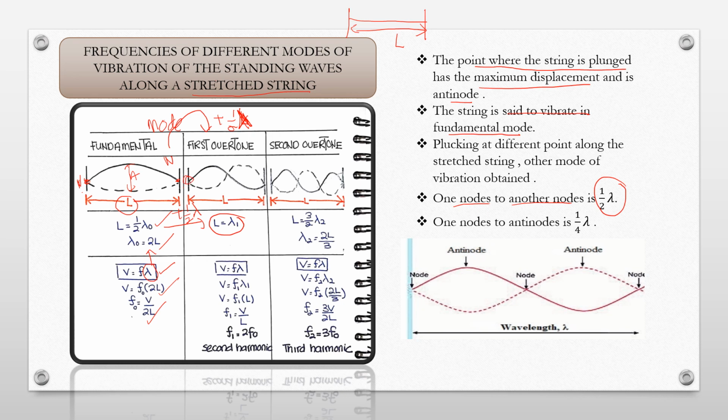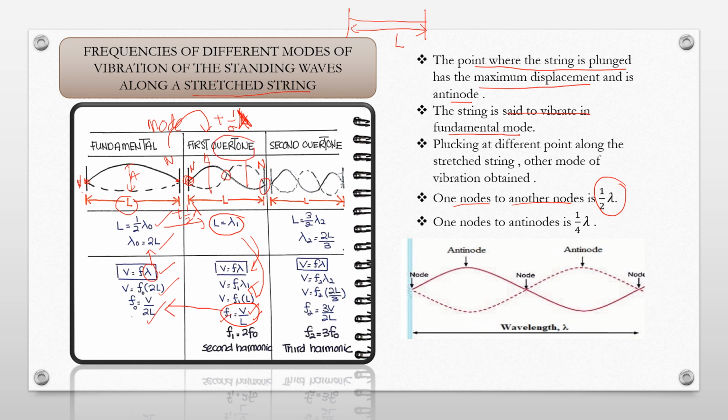This is a node, this is an antinode, this is a node, antinode, node. Again we use v equals f lambda, substitute, and we get the frequency v over L, where L is the length.